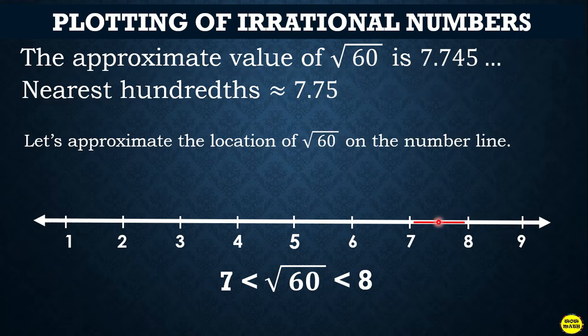So, ito ay 7.5, right? Yung kalahati. This is 7.25. So, 7.25, 7.50. So, therefore, this is 7.75, 3/4. Okay? So, dyan ang point natin. Okay, so 7.75, dito po siya. So, therefore, this is the graph of square root of 60.